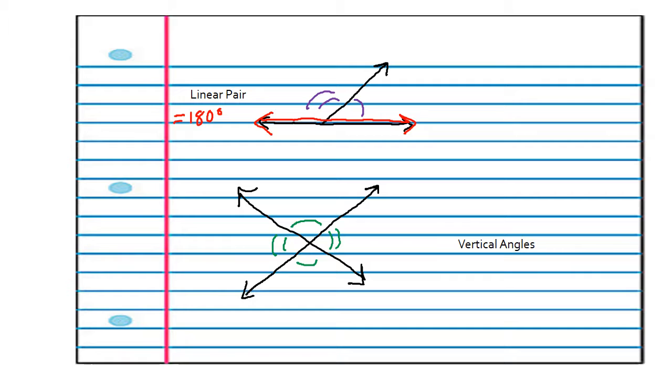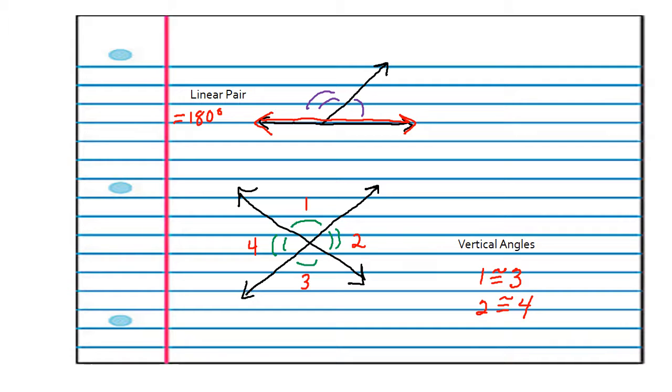And because they're congruent, you can set up a relationship between the two angles being congruent to each other. So we're going to call this angle 1, angle 2, angle 3, and angle 4. With vertical angles, angle 1 would be congruent to angle 3, and angle 2 would be congruent to angle 4.